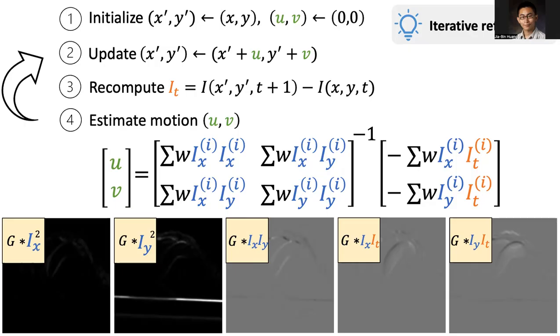Then what could UV be so that I get 0, 0 as the output? UV must be 0, 0. So if you find the correct motion, then it will converge to 0, which means you won't update anymore, because your U and V are very small, close to 0. So this is the intuition.